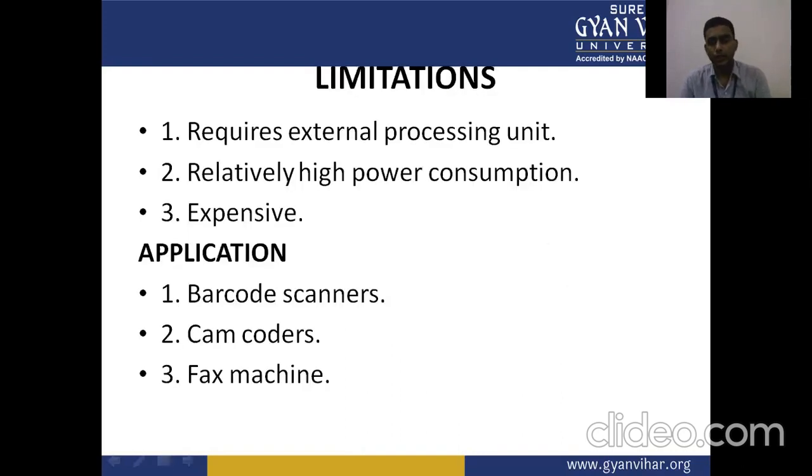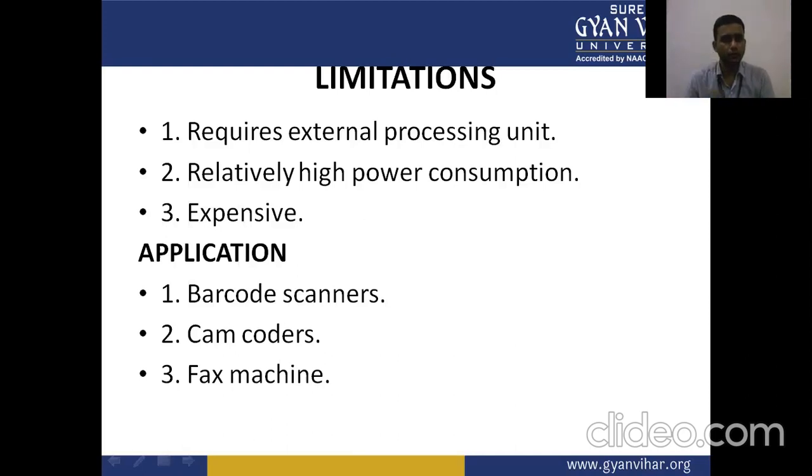Now, with these advantages, we have some limitations or drawbacks of the CCD camera. It requires an external processing unit to process the image into the electrical signal.